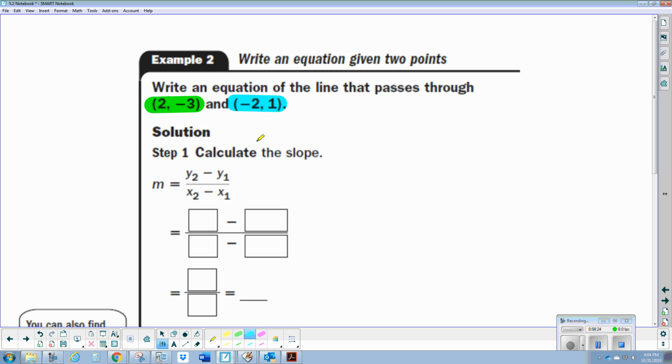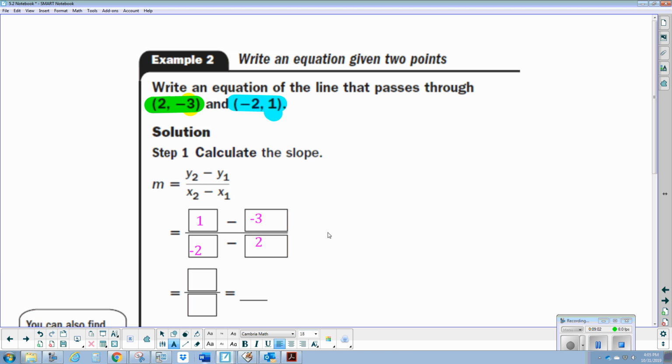Okay, so I know that my y2 is this point right here, and my y1 is this point right here. So in my equation, I will take 1 minus -3, divided by my x2, which is -2, minus my x1, which is +2.